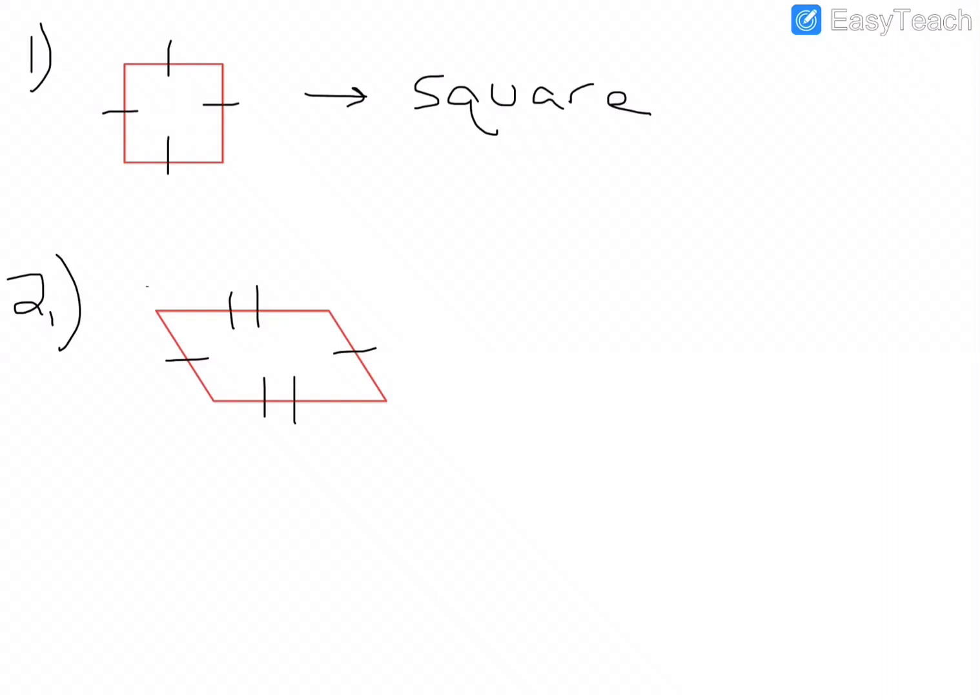It looks like we have two pairs of congruent sides that are opposite each other, and I'm just going to assume these are parallel. When you're working in your textbook, you're going to have the little arrows. So with that being said, this would be a parallelogram.